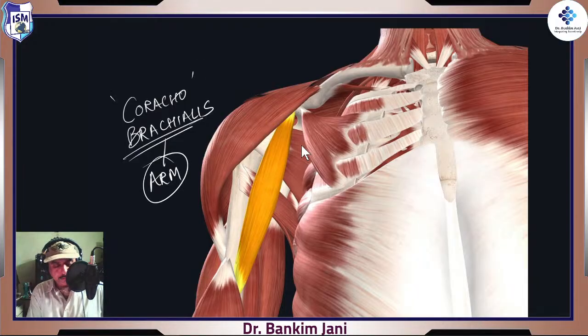And this coraco, you find this word familiar to something which we already talked about. You're right, coracoid process. So this is going all the way from the coracoid process to the arm. This is, friends, coracobrachialis. So we learned one more thing, that this coracobrachialis is just underneath the short head of biceps.